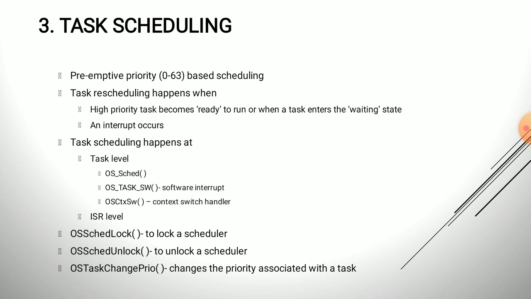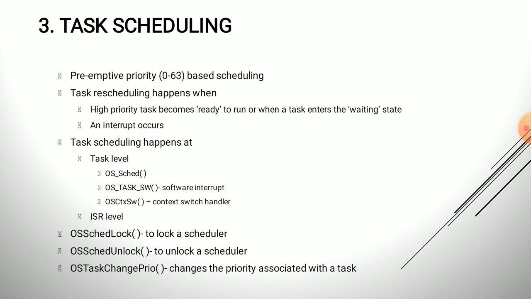For task level scheduling, the software interrupt OS_TASK_SW is triggered and the context switch handler OS CTX SW is executed as the ISR for this interrupt. So the OS schedule function initiates the task level scheduling, and OS task SW is a software interrupt which is triggered and the context switch handler OS CTX SW is executed as ISR for this interrupt.